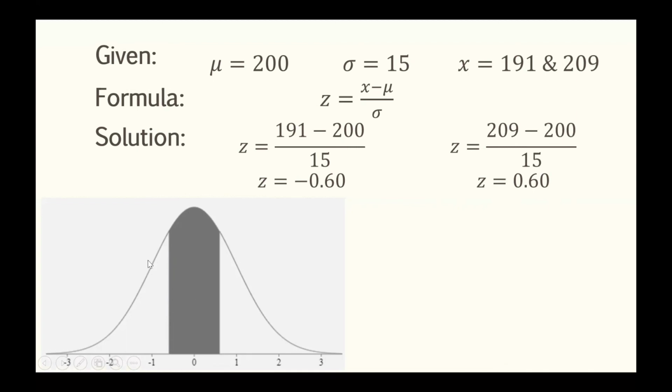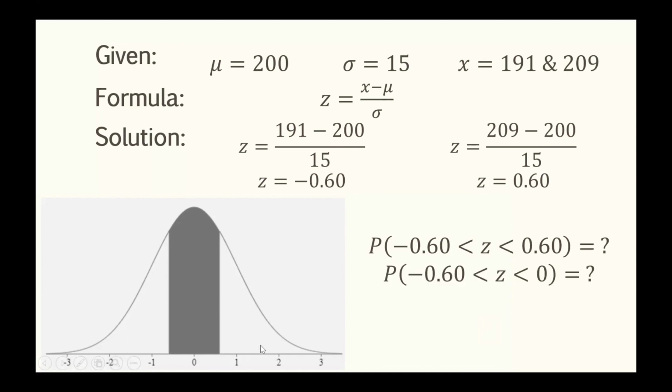So pareho lang po yung itsura nito doon sa previous slide natin for the normal curve. It's just that itong given ay z-score na. So here, we're going to get the probability from negative 0.60 to z-score 0.60.